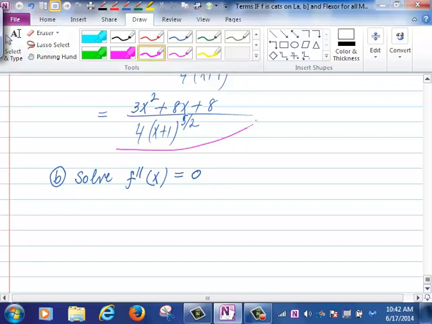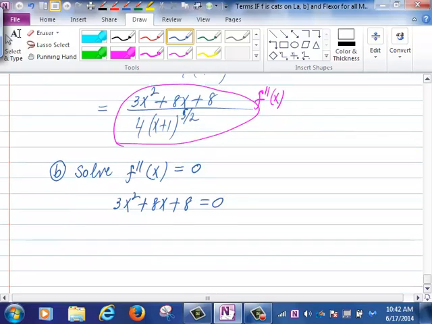This is the second derivative, right? That is my f double prime of x. This second derivative would be 0 when 3x squared plus 8x plus 8 would be 0.